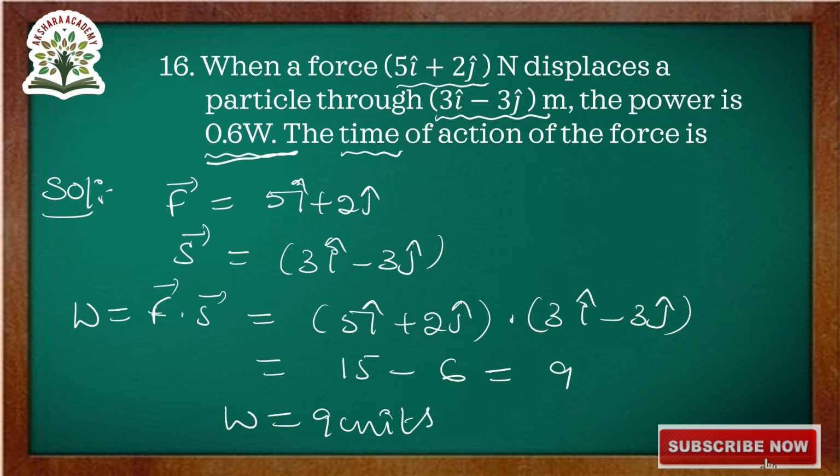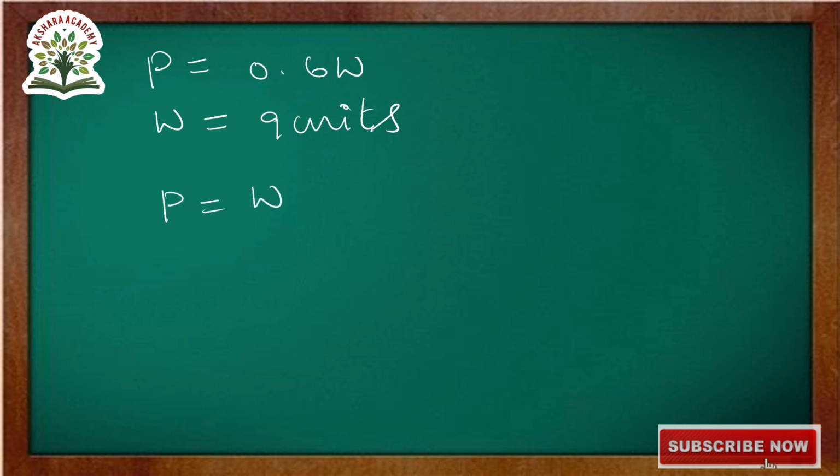And from this work done we are calculating the time of action. Next, they gave power P equals 0.6 watts and work done we calculated 9 units. So power equals W by T, work done by time.